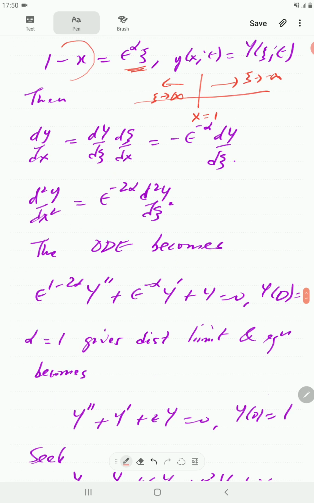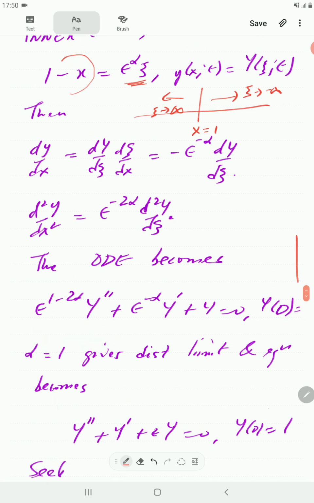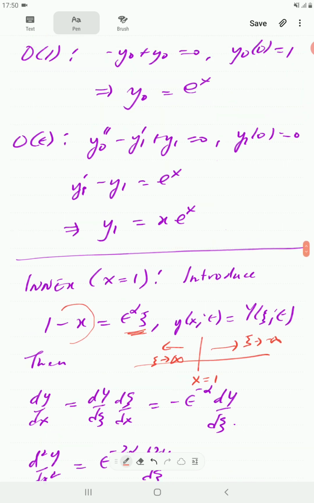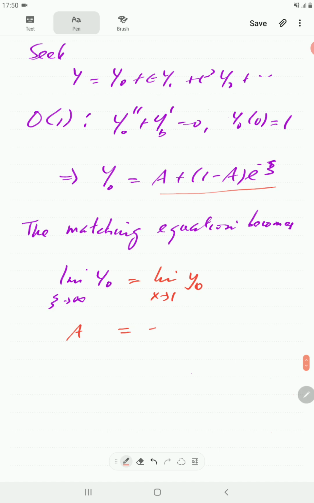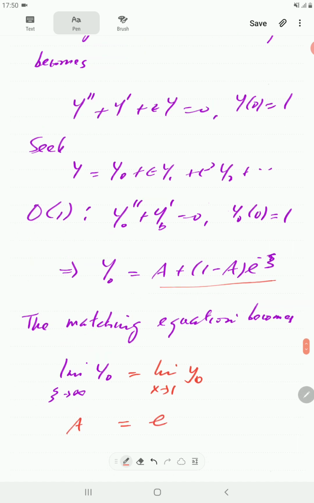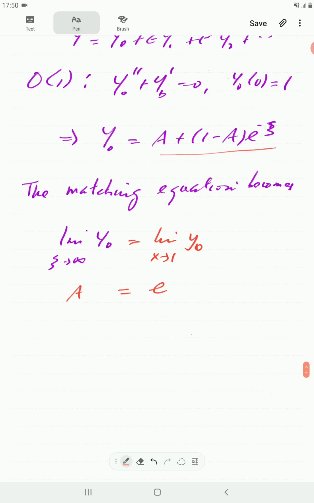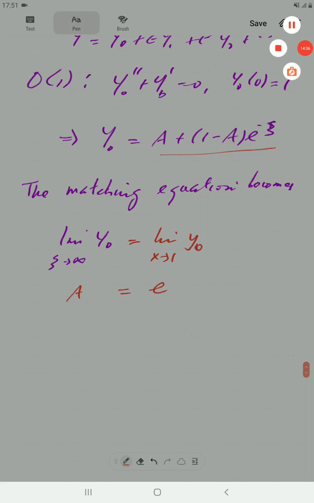If we let x go to 1 in the outer solution, y naught, then that gives us e. So that tells us that the constant a is equal to e.